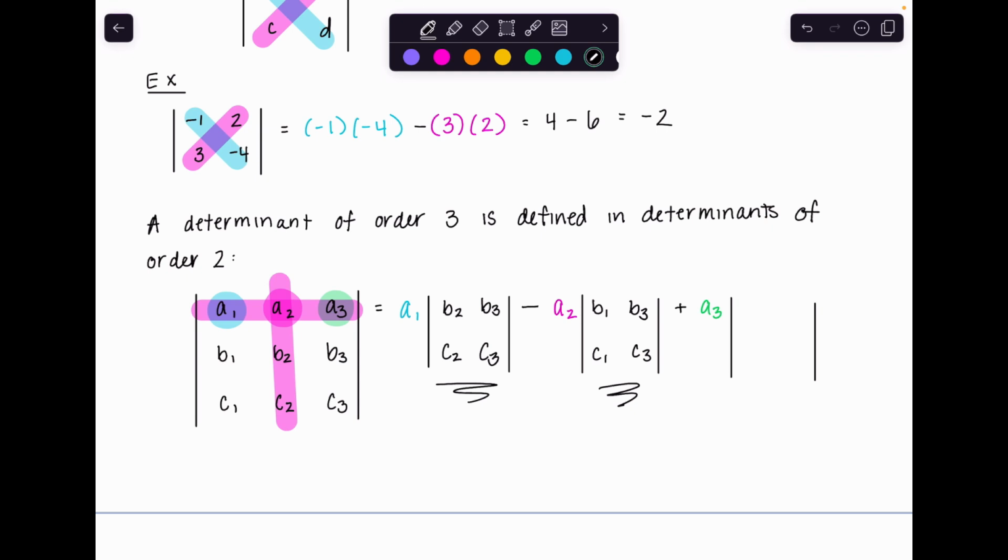The second has nothing to do with A2, B2, or C2. And then for our last one, as you can guess, we strike out everything in the same row and column. And the four things that are left over are B1, B2, C1, C2. So nothing to do with A3, B3, or C3 here.